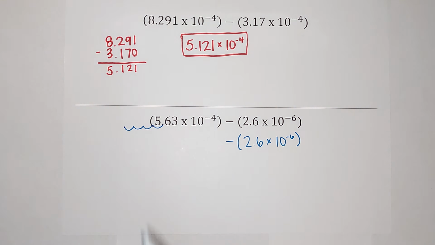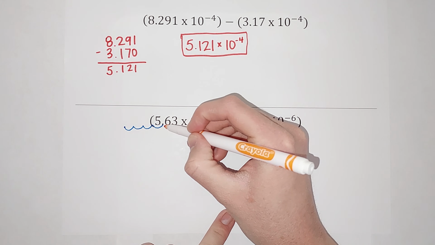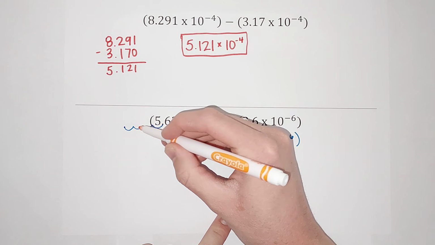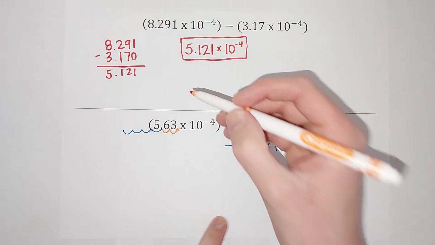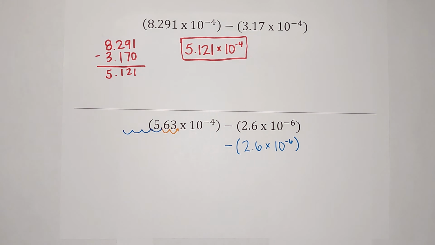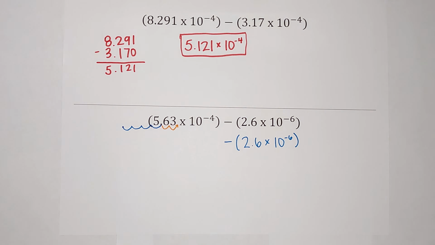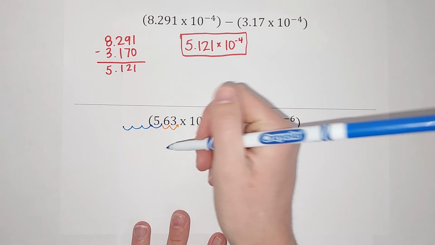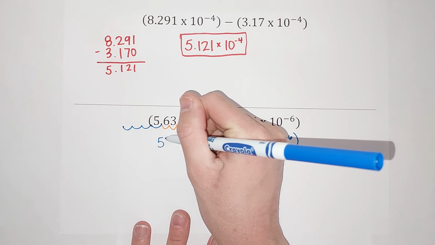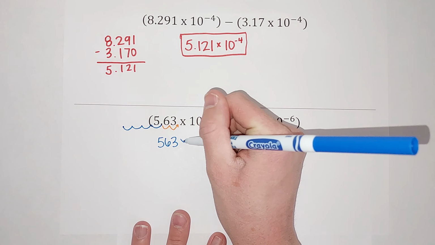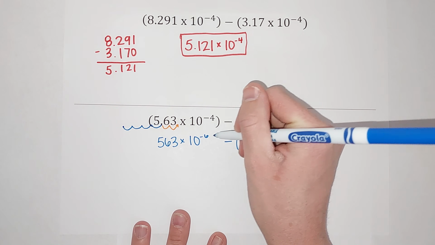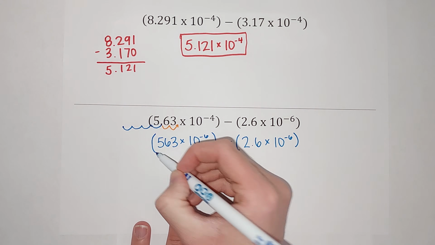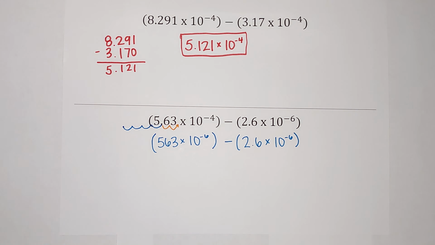So if I move my decimal, instead of going that way, if I move it this way 2 spots, then I'm going to be times 10 to the negative sixth power. Hang with me if you're wondering what she is talking about. So we've got 563 times 10 to the negative sixth power. Sorry, that is not lined up the most beautifully. Just pretend it is.